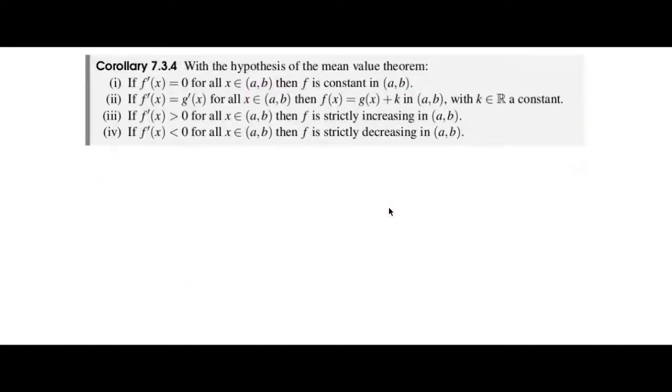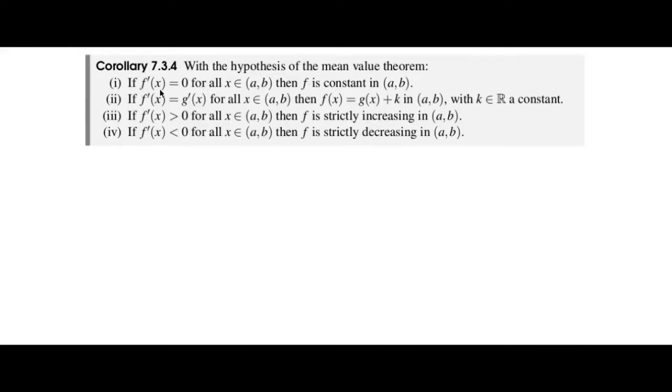Practical consequences of the mean value theorem are that we can characterize the behavior of a function in an interval depending on the value of its derivative. Supposing that the function is continuous in closed [a, b] and differentiable in (a, b), we can say these things.